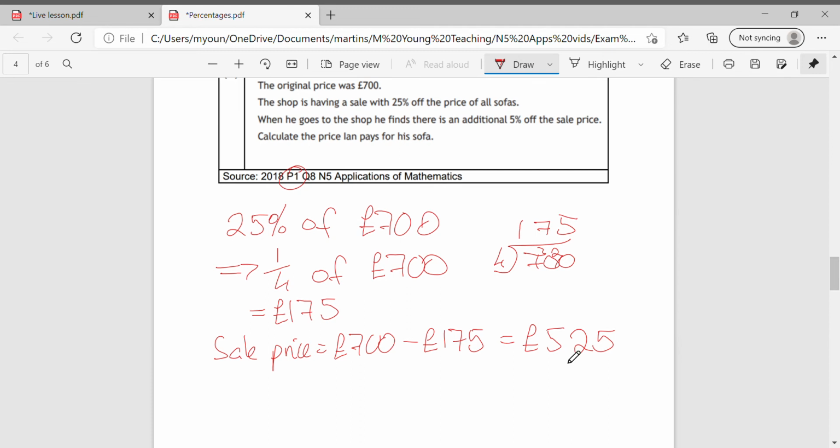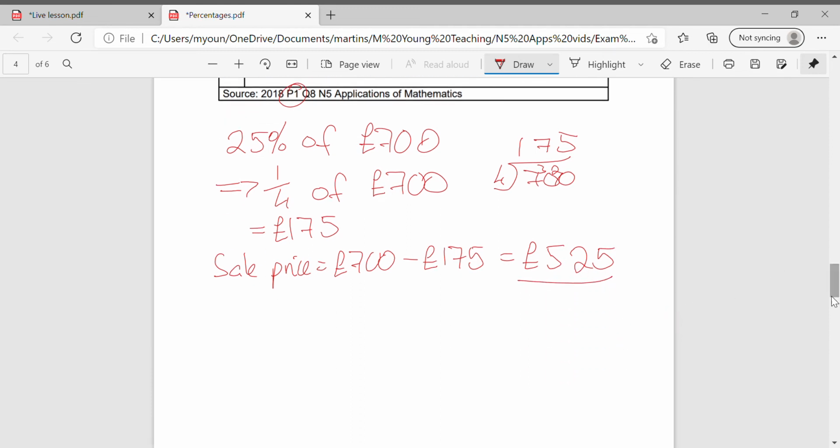And now I'm getting 5% off this. Okay, so I'm going to find 5% of 525. It stopped drawing for some reason. There we go. How do I find 5%?